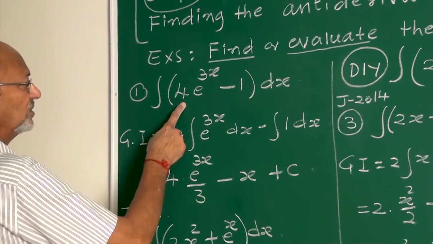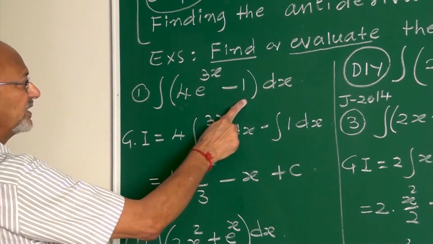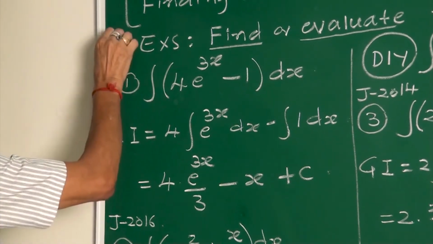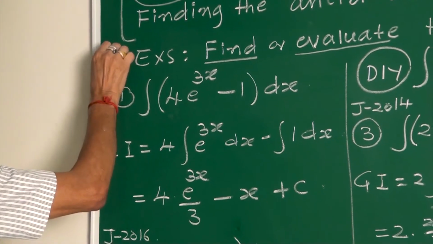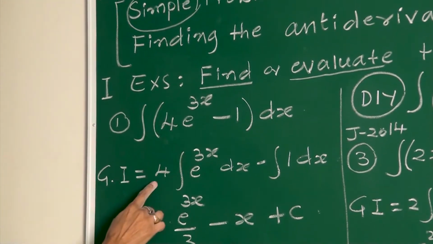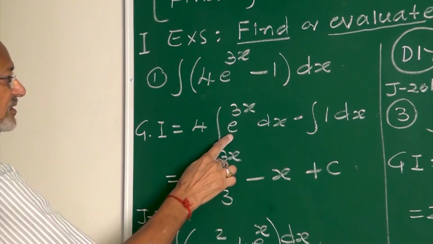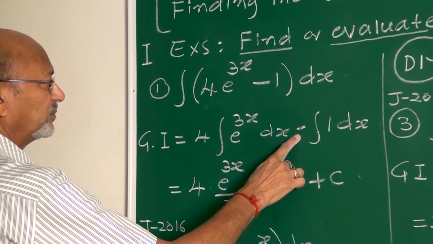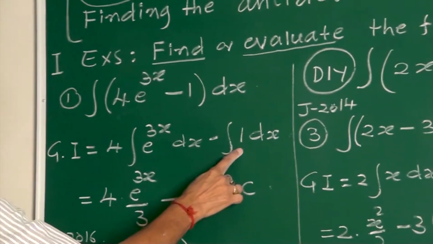Yes, first, integral of 4 into e to the power 3x minus 1 dx. GI means given integral. Instead of writing only I, I have written given integral. 4 into e to the power 3x, that constant can be taken outside. Plus is plus, minus is minus. Integral 1 dx.